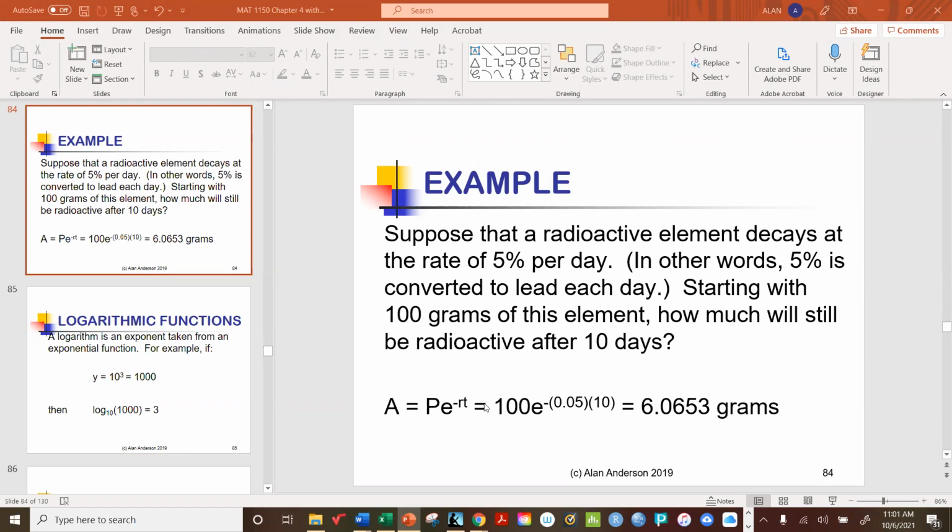When you plug in the numbers, you start with 100. The decay rate is 5%, and this is taking place over 10 days. So after 10 days, we'll have 6.0653 grams of radioactive elements in our sample. The rest will have been converted into lead.